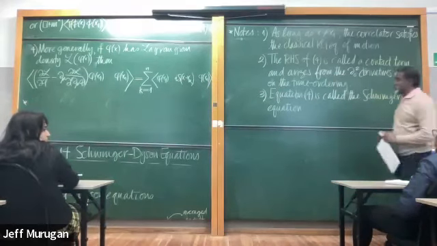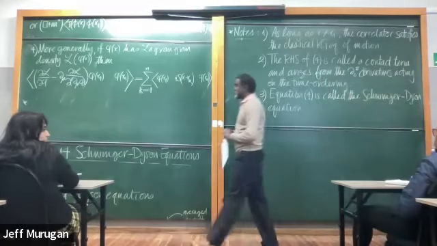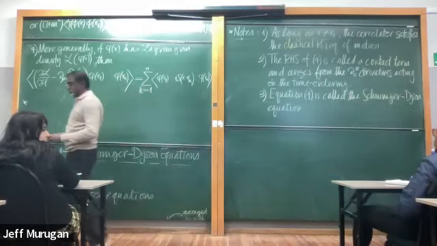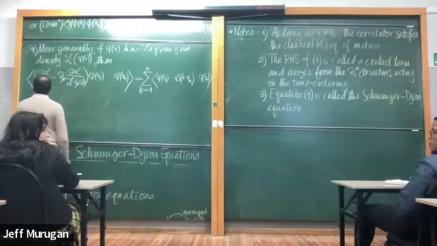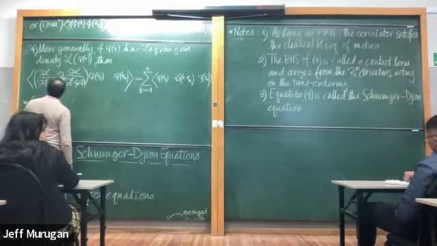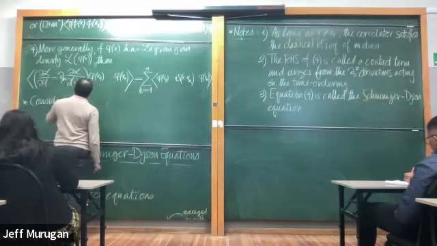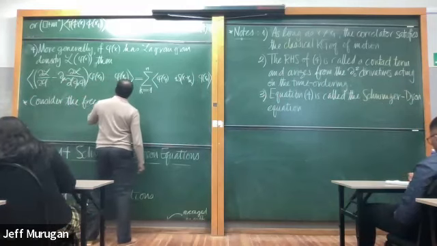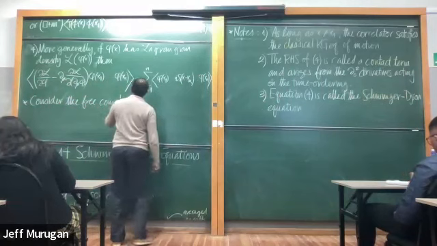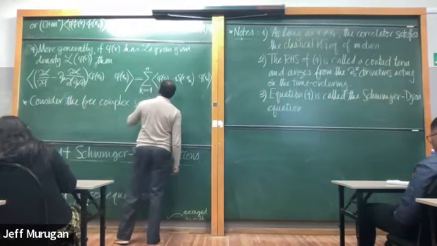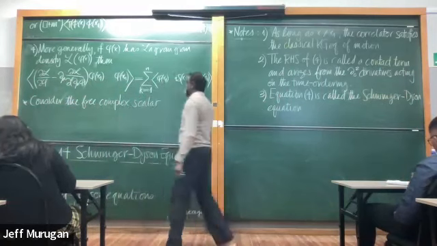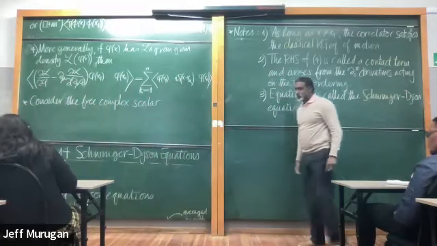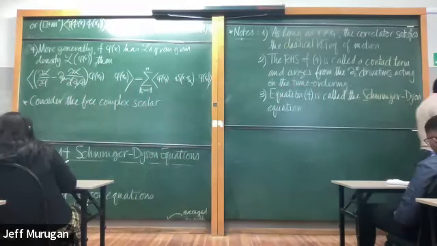So here again, I'm going to start off with an example, and the example I'm going to use is that of a free complex scalar. If you remember our last example in the last lecture, the complex scalar was equivalent to a charged scalar.